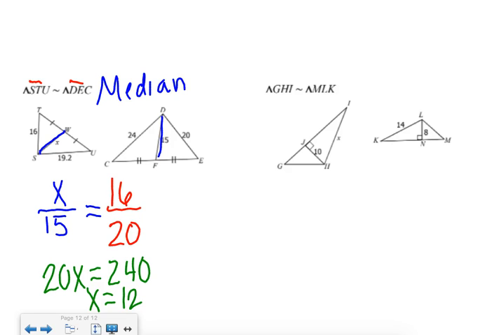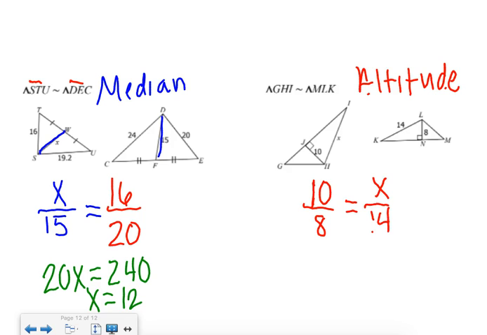Okay, what kind of a segment on the second one? Altitude. And sometimes it's nice we don't have to really think. We just have to match up. So I can do 10 over 8 is equal to x over 14. There's no extra info to throw us off. We just had to line it up.